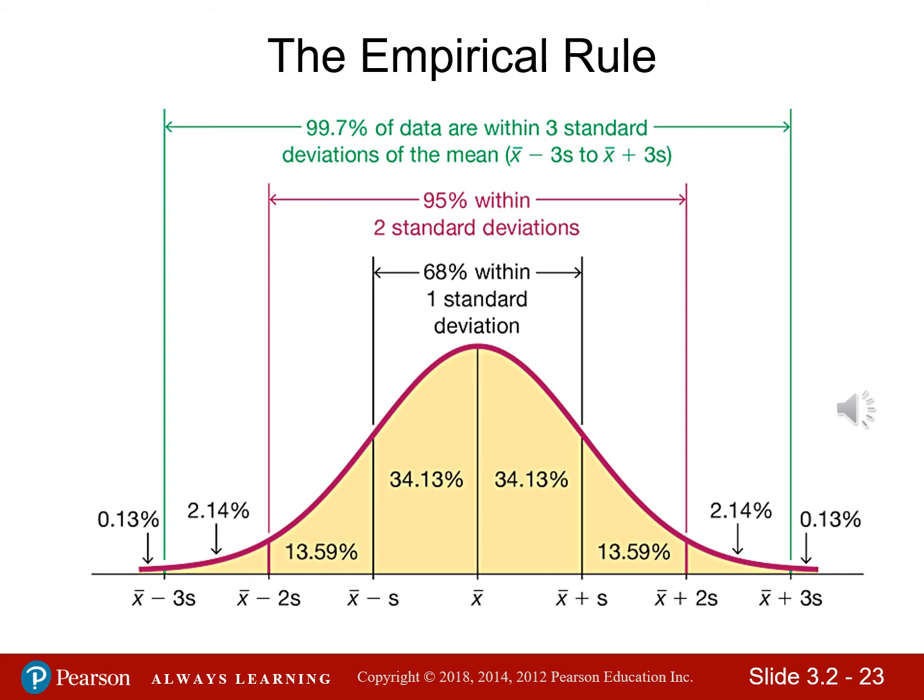The mathematical notation for this is the mean plus or minus 2 times the standard deviation. And finally, approximately 99.7% of the data will fall within 3 standard deviations of the mean. The mathematical notation for this is the mean plus or minus 3 times the standard deviation.